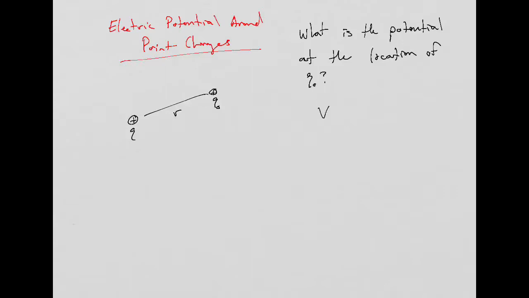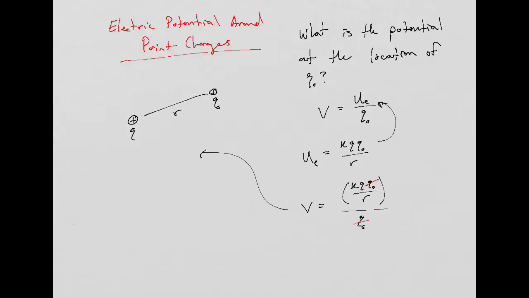Well, we know that the electric potential is defined by this equation. And we can go a step further and plug in our equation for UE. If we have two charges separated by a distance R, then the potential energy shared between them is KQ Q naught over R. Now what happens is very nice. We have KQ Q naught over R all over Q naught. And look what happens. The Q naughts cancel.